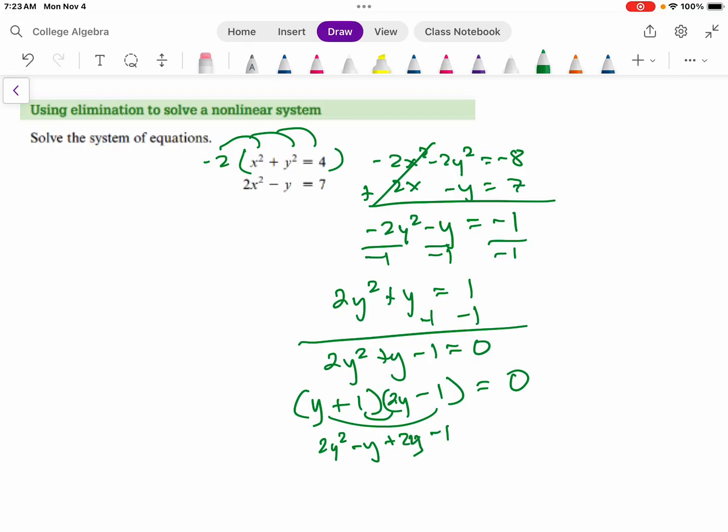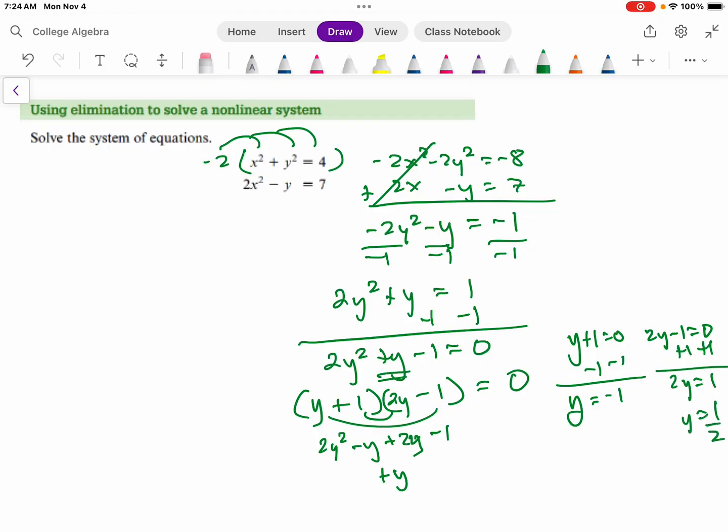Minus y plus 2y is a positive y, which is what I have in the middle. So as I have my two factor terms there, we get y plus 1 equals 0 and 2y minus 1 equals 0 by the zero product property. Solve for each of our y parts of our intercepts, and as I add that, I get 2y equals 1, so y is equal to 1/2.